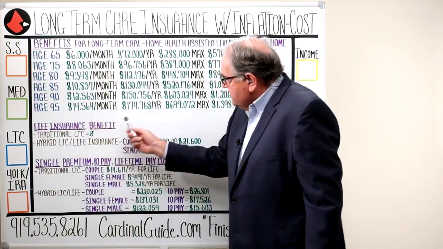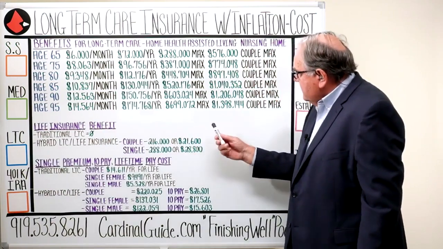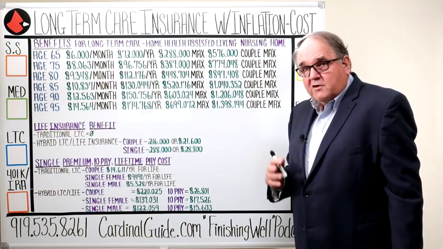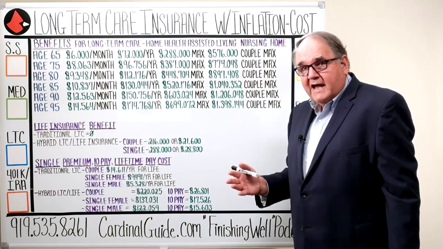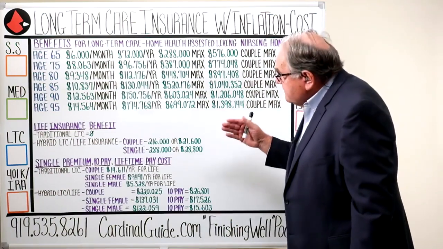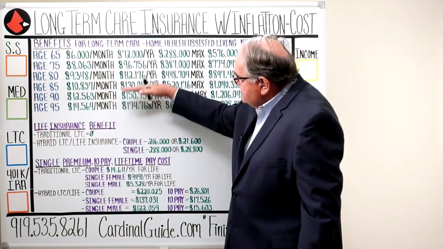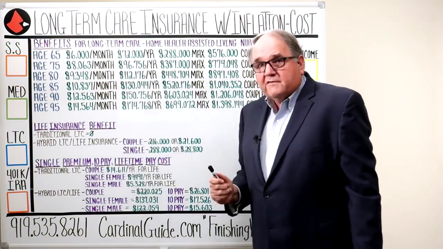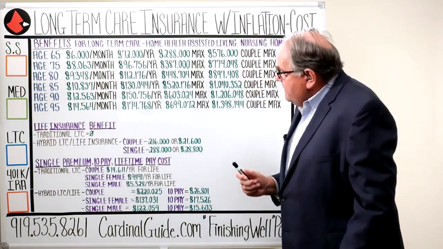It's $14,000 a month, $175 grand a year, or almost $1.4 million for the couple of total benefit that can be paid out. And that's what you're insuring against, is these numbers right here. And too often people are just looking at this first number. So those are the benefits.